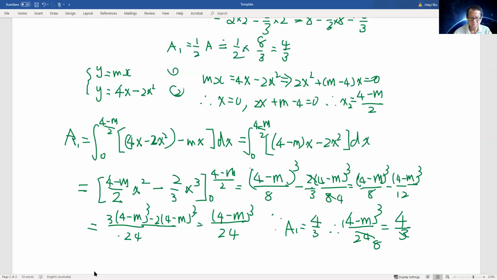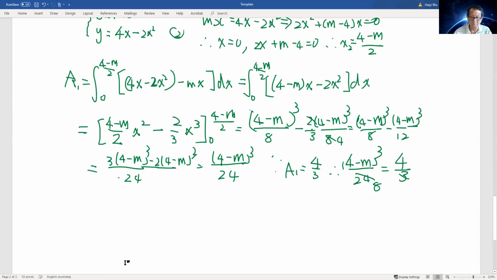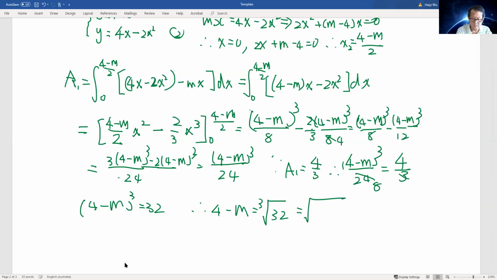Now we can solve for m. So (4 minus m) to the power of 3 will be equal to 32. Therefore, 4 minus m will be the cubic root of 32, which is the cubic root of 8 times 4.